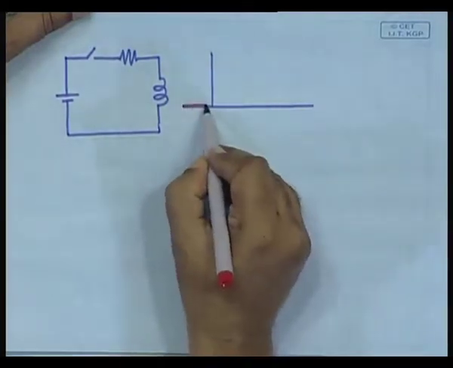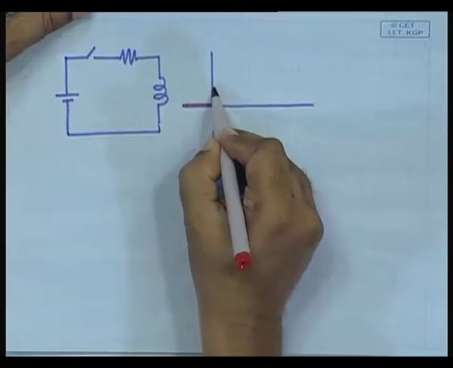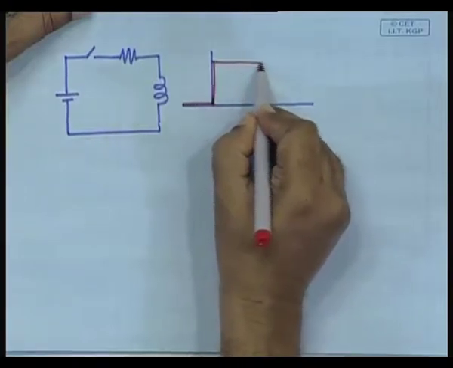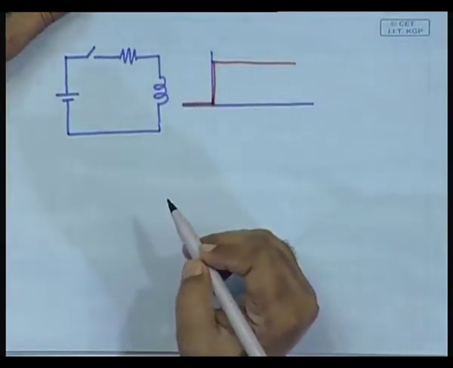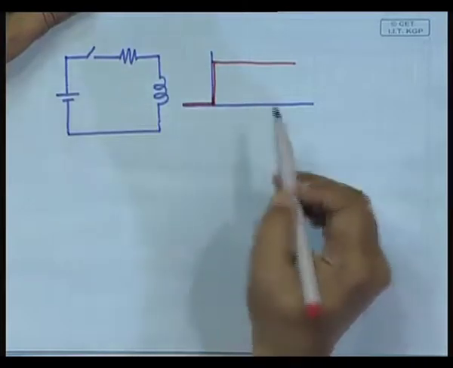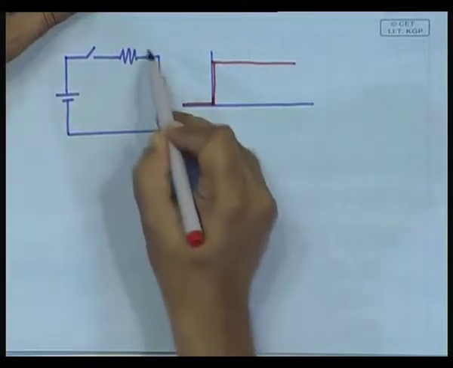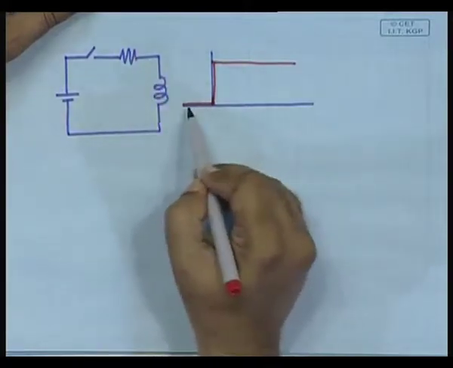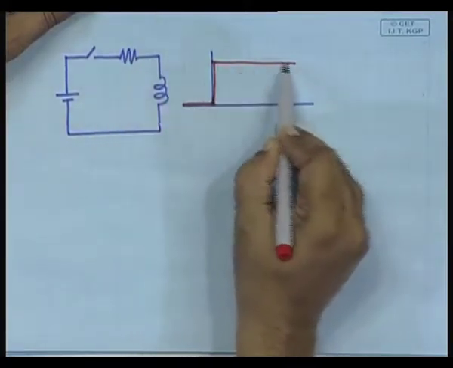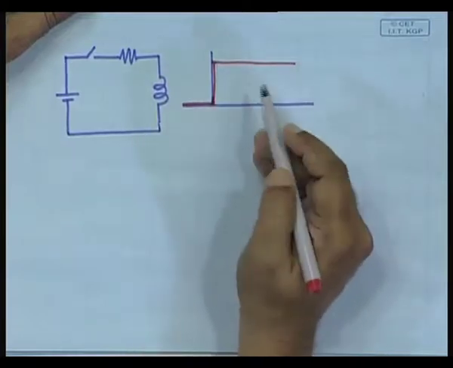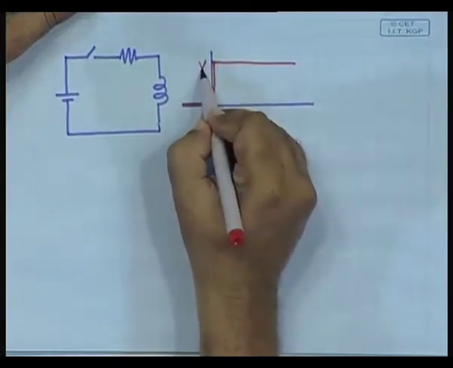It was earlier 0, at this point it will rise to some value and then it would be like this. So, the applied voltage on this RL block will be initially 0 and then at some point it will be applied. So, this is the applied voltage V.